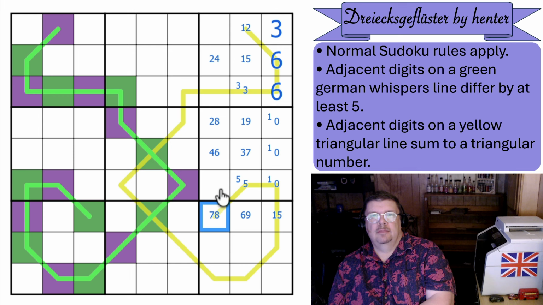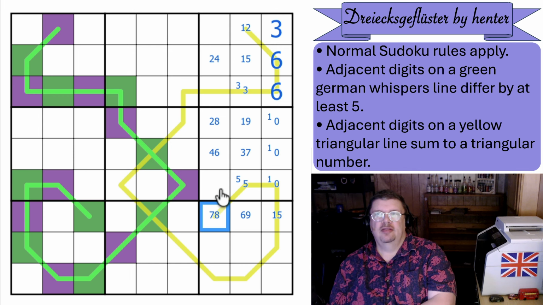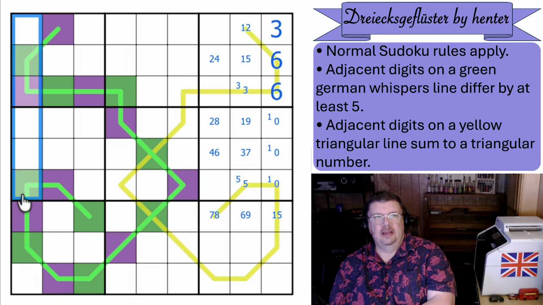But what I'm really trying to think about, I think, is which digits can go next to which digits. And I think I'm going to notate these over here because I think that's going to be the really useful information.